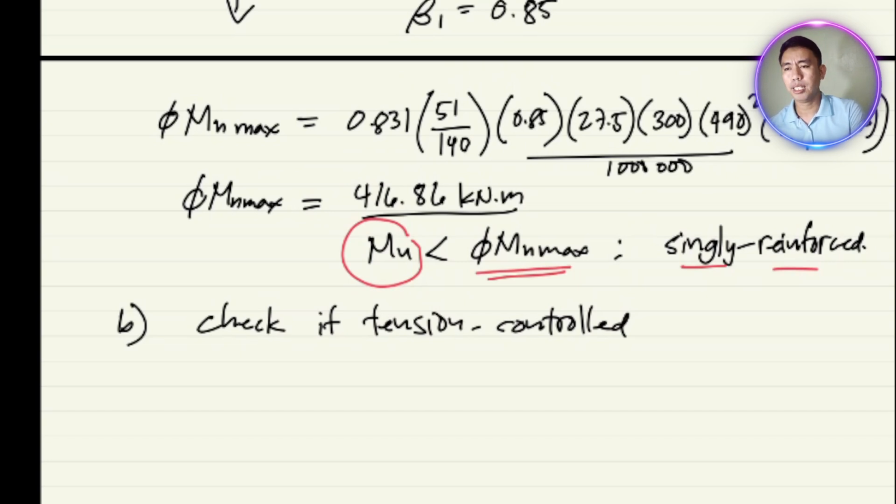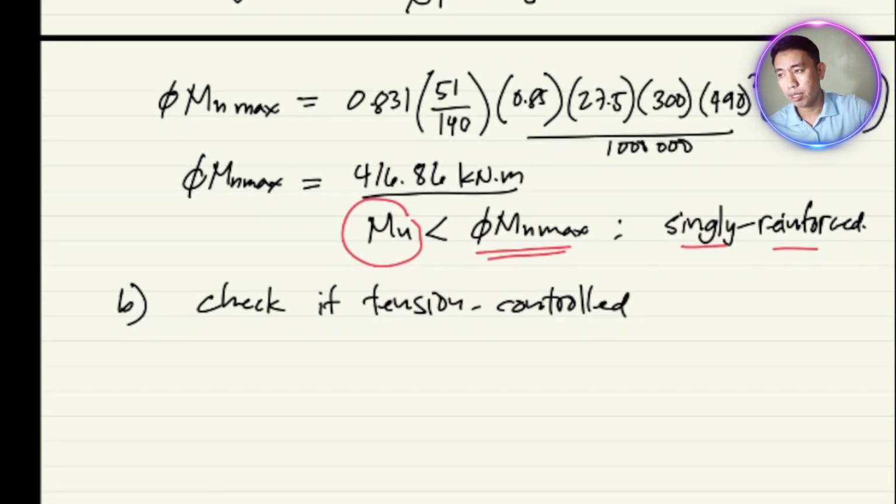So before kasi ang phi is always 0.9. So for beams, flexural analysis, ang phi namin is always 0.9. Ngayon naga-change na. Okay? So maybe they found out in many studies. So that's the purpose of research.